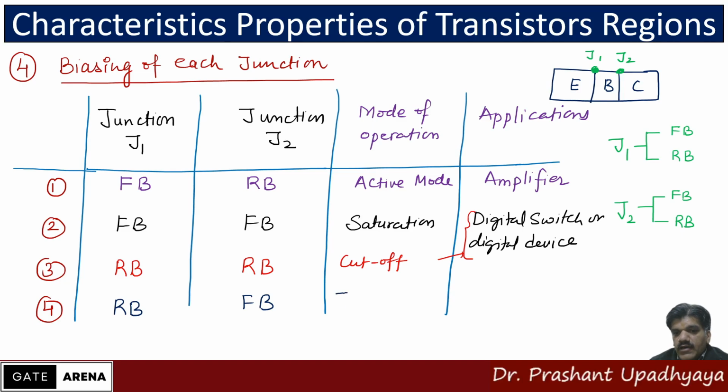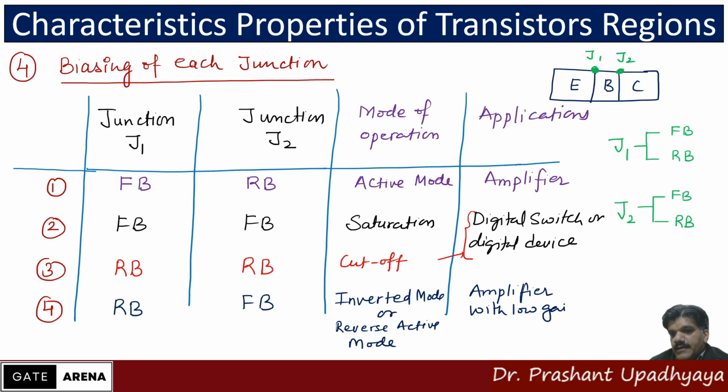It is known as the inverted mode, or sometimes the reverse active mode. Here we use it as an amplifier with low gain. We will talk about it in more detail as we proceed in the upcoming lectures.